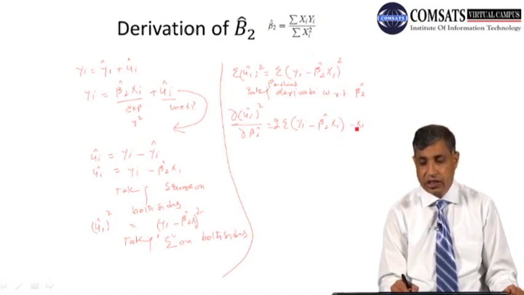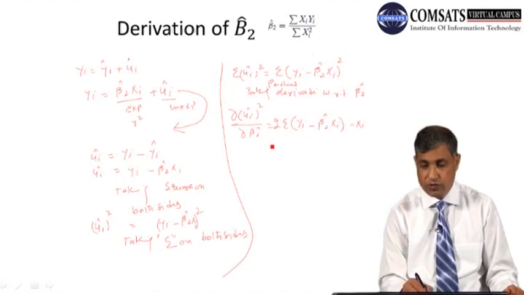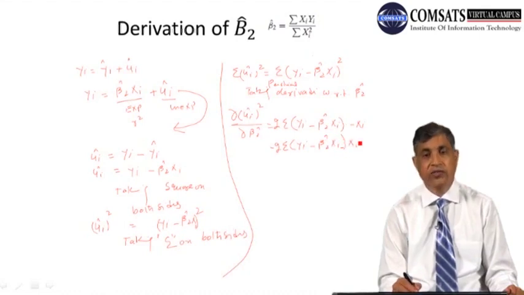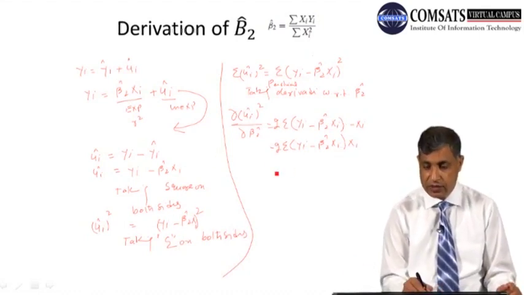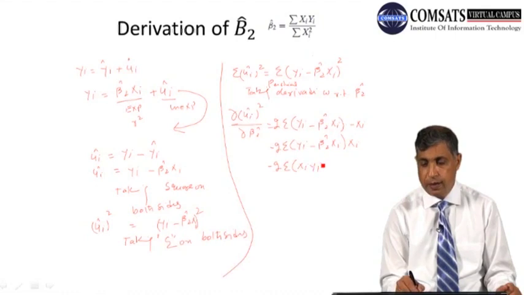If I multiply the minus with 2, it becomes minus 2 summation yi minus beta 2 hat xi into xi. Now I multiply xi within the bracket, and this becomes minus 2 summation xi yi minus beta 2 hat xi square.